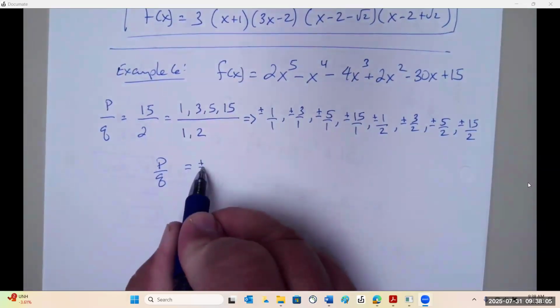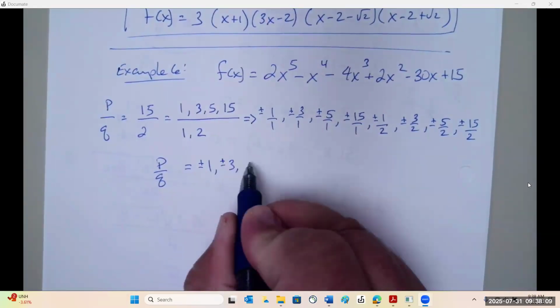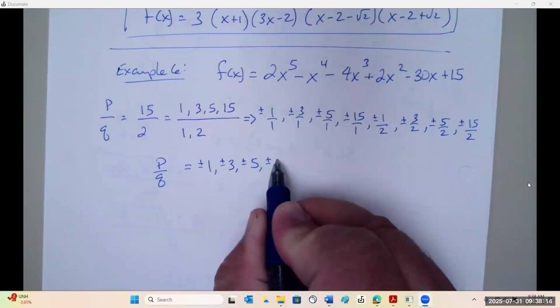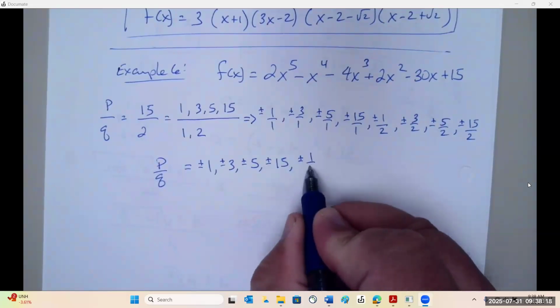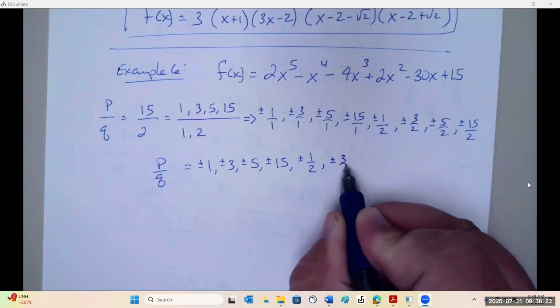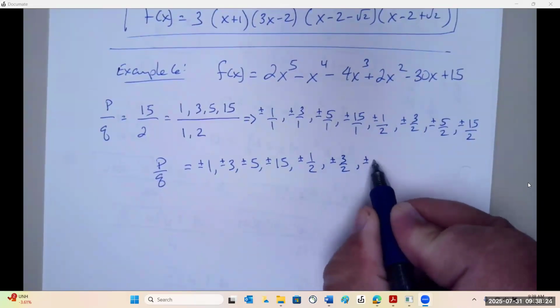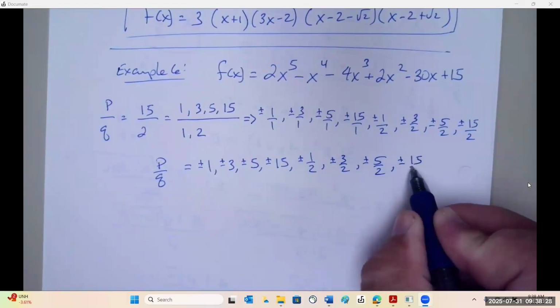So our possible answers are plus or minus 1, plus or minus 3, plus or minus 5, plus or minus 15, plus or minus 1/2, plus or minus 3/2, plus or minus 5/2, and plus or minus 15/2.